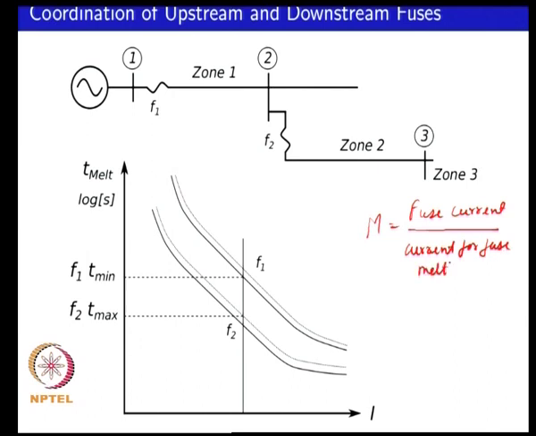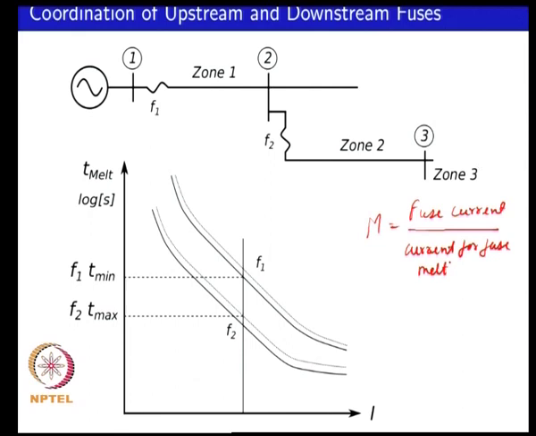So, as long as the current is below this melt current, the fuse is not going to get damaged. Once you go above that particular melt current level, you have a possibility of the fuse melting, and the time required to melt would now depend on your value of the current that is flowing through the fuse.